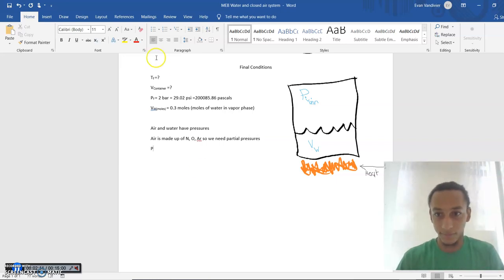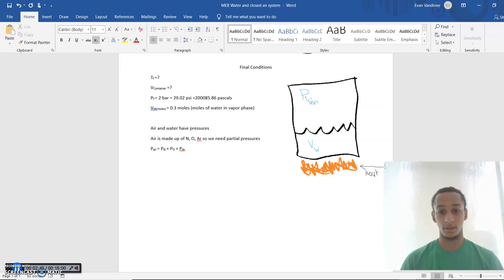So P of air will be equal to P of nitrogen plus P of oxygen plus P of argon. But to make this simpler, we're just going to assume that for P air, we don't need to solve the partial pressures of nitrogen, oxygen, and argon.